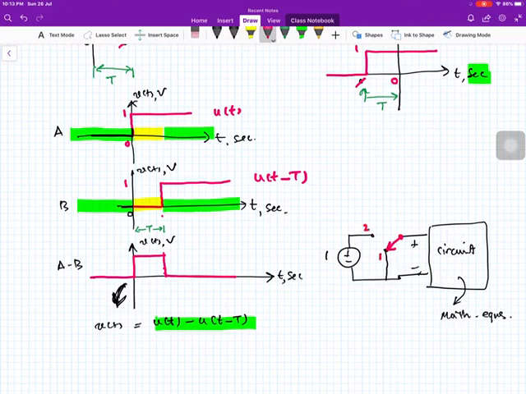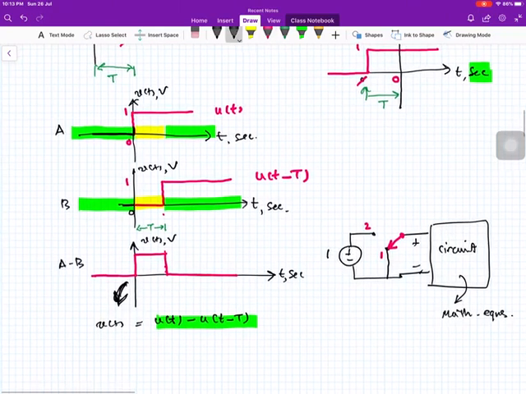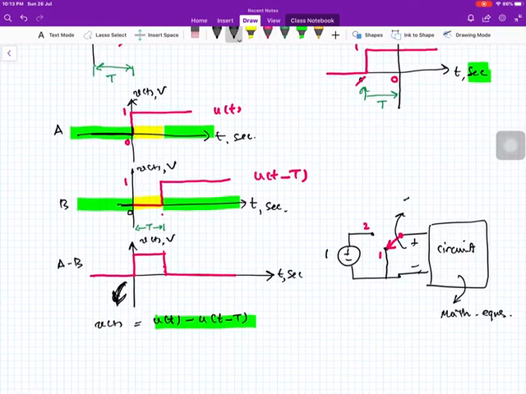So this switch arm is at position 1 from minus infinity to t equal to 0, and at t equal to 0 it is moved to position 2. Therefore, the voltage over here is 1 volt. When the switch is in position 1, the voltage VA is 0, and this 0 is shown over here.